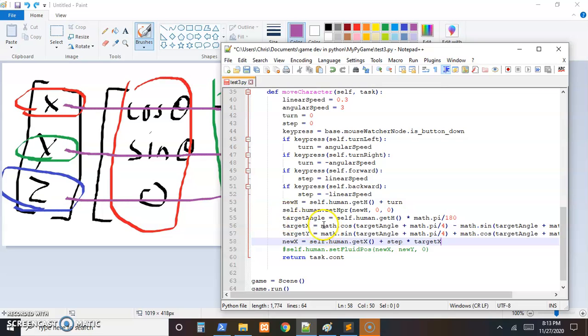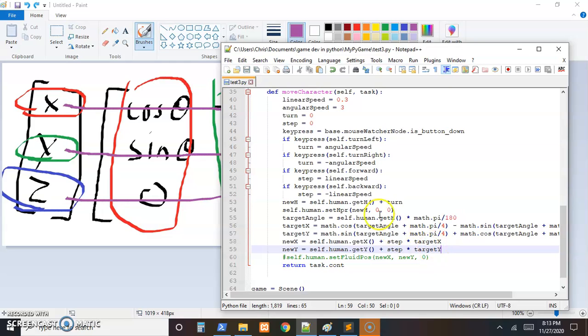We could have just multiplied the step size in here, but I figured I'd do it here because that line's messy enough as it is. And our new y is the same thing. Self.human.getY, where we were standing at, plus our step size times our target y.